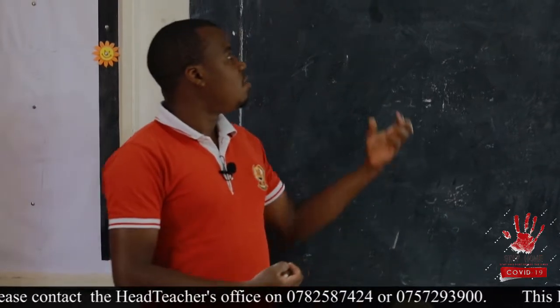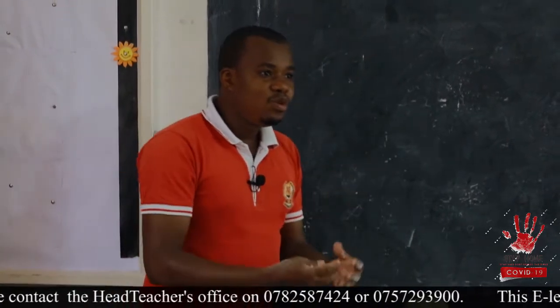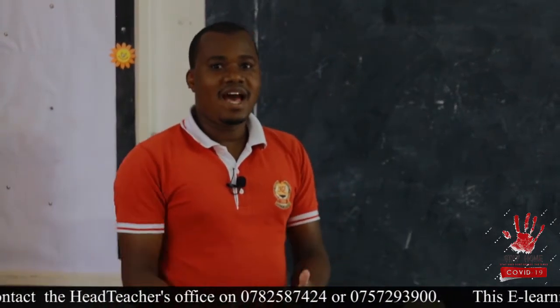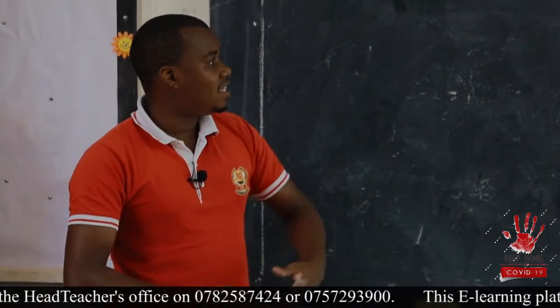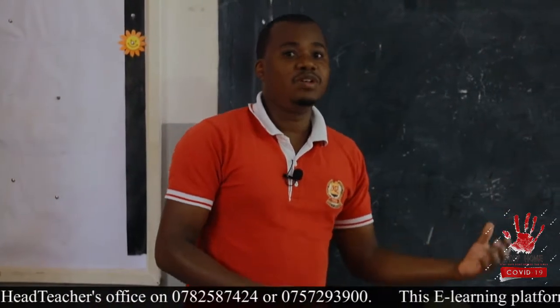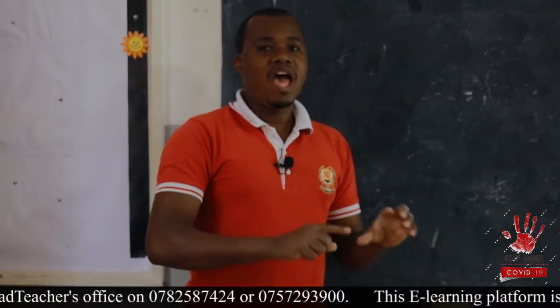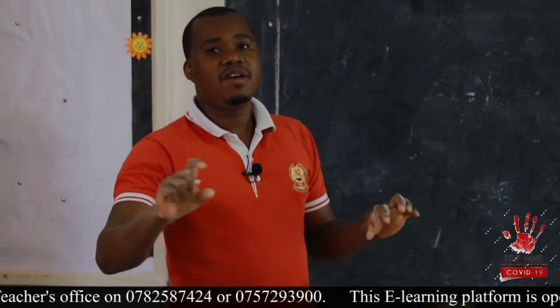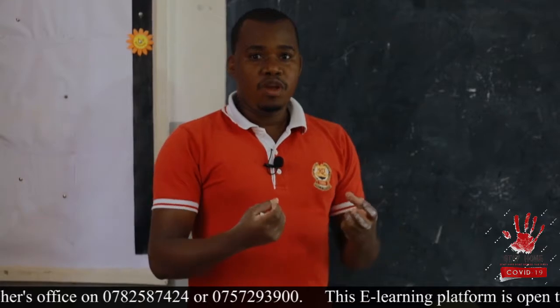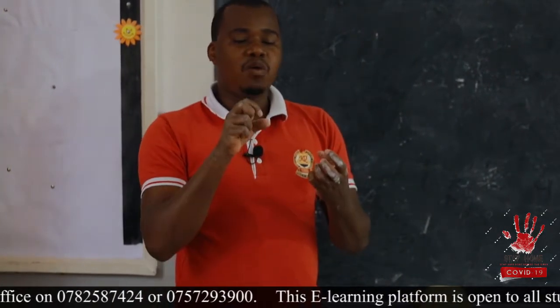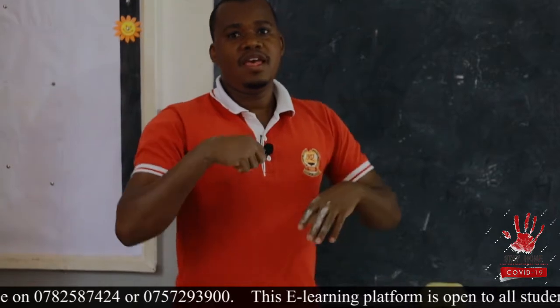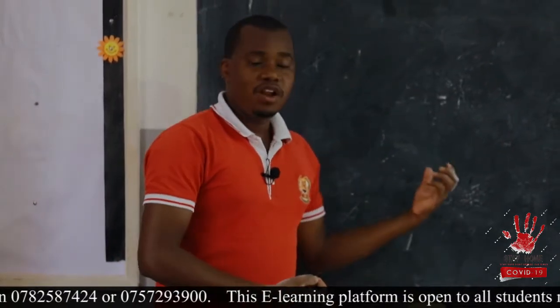Now, what do we do in word problems? We use words that are related to subtraction, that mean subtraction. And we give our questions in very long sentences. So we read the sentences, understand them, pick out the required information, then work out as required.